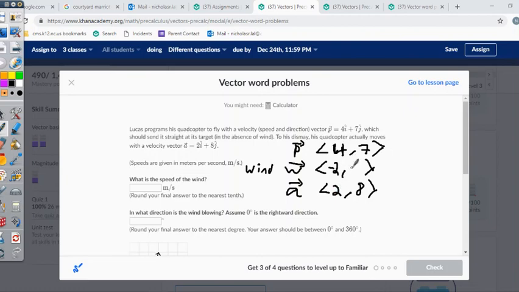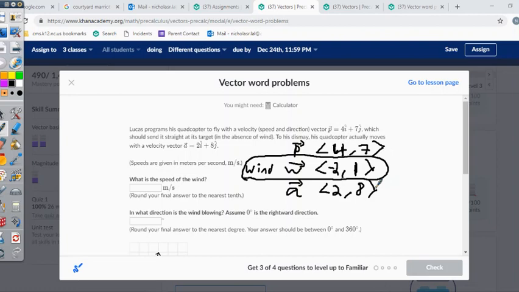And the wind also must have a vertical component of 1, because 7 plus what equals 8? 7 plus 1 equals 8. So the wind has a horizontal component of -2 and a vertical component of 1. All right. That being said, we now need to find the magnitude and the direction of the wind.